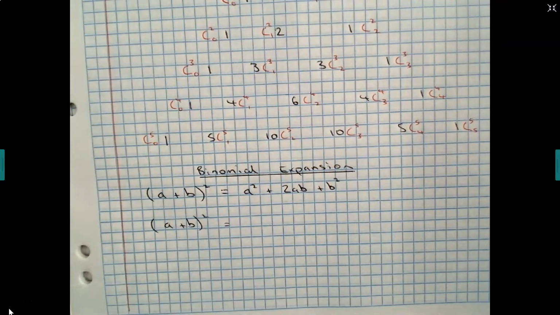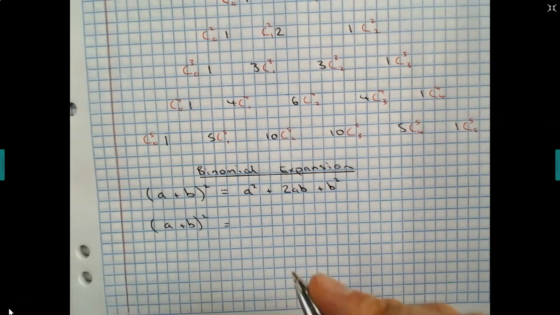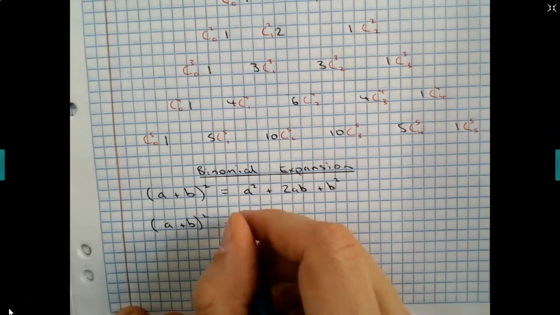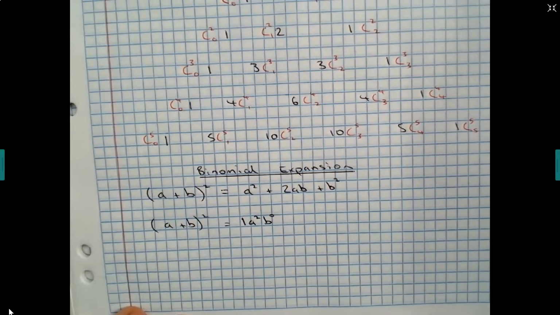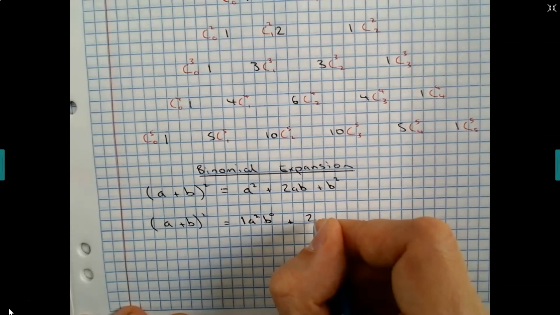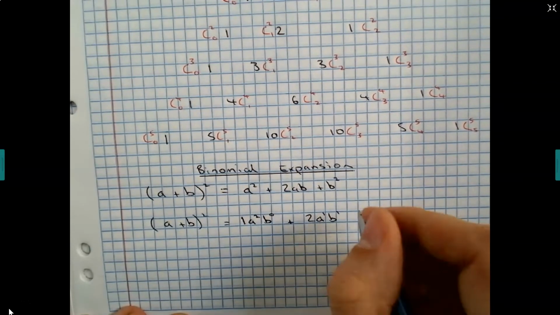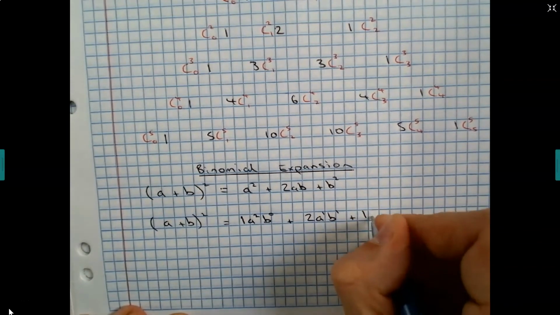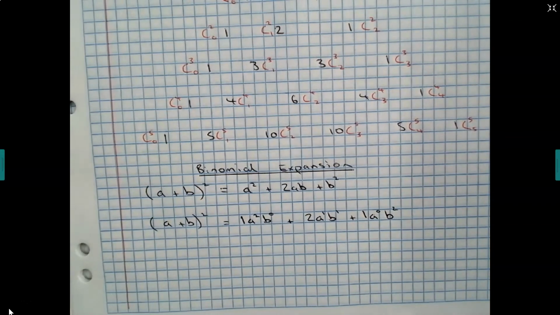All right, now this can be, just bear with me for a second. So if I was to write 1 a squared b to the power of 0, and then I was to add 2 a to the power of 1 b to the power of 1 plus 1 a to the power of 0 b to the power of 2.